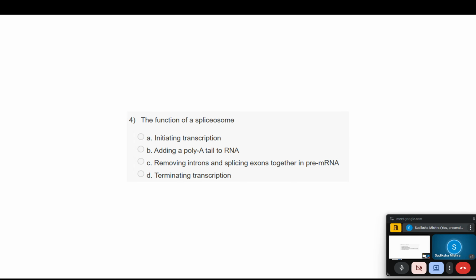Function of a spliceosome is initiation of transcription, adding a poly-A tail to RNA, removing introns and splicing exons together in pre-mRNA, or terminating transcription. The answer is C.